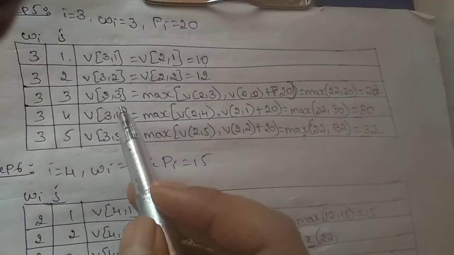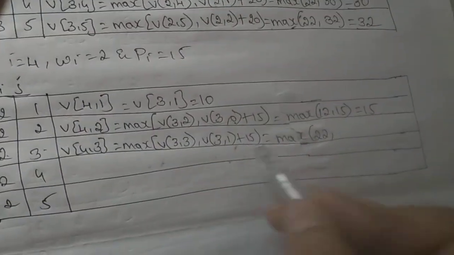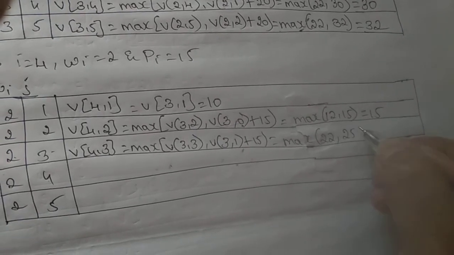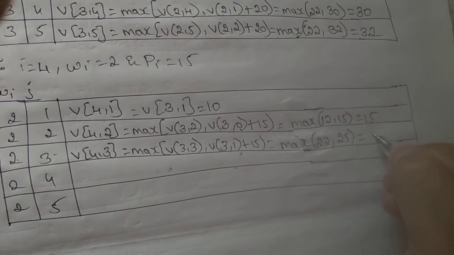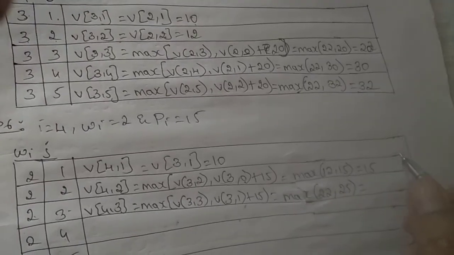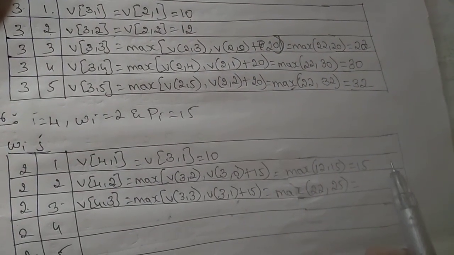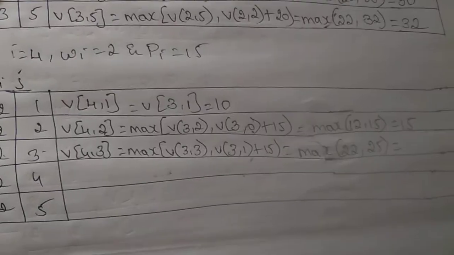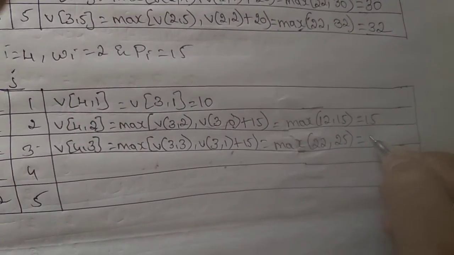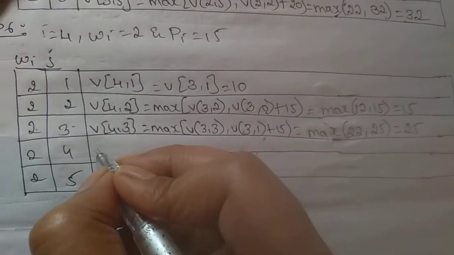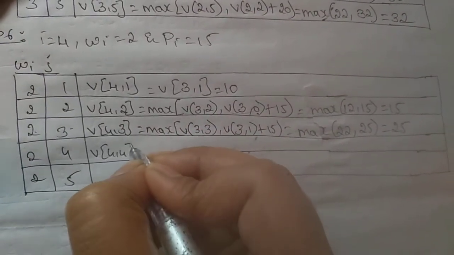Then v of 3, 1, 3, 1 is 10 plus 15, it is 25. Maximum is 25.